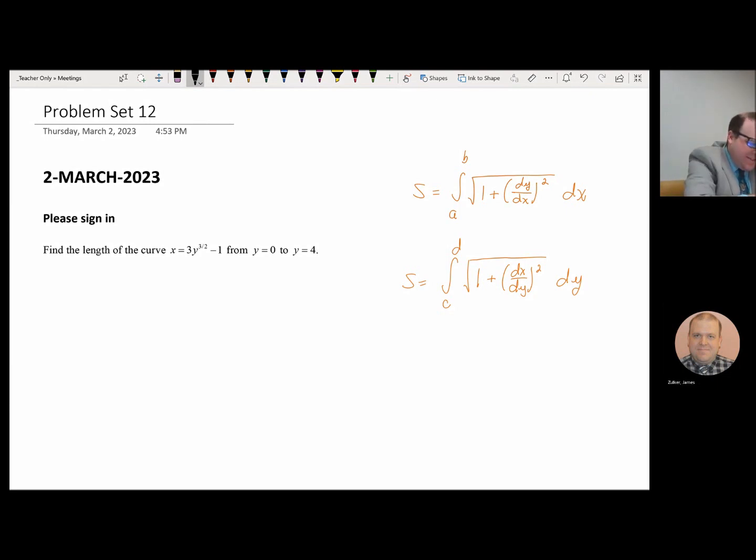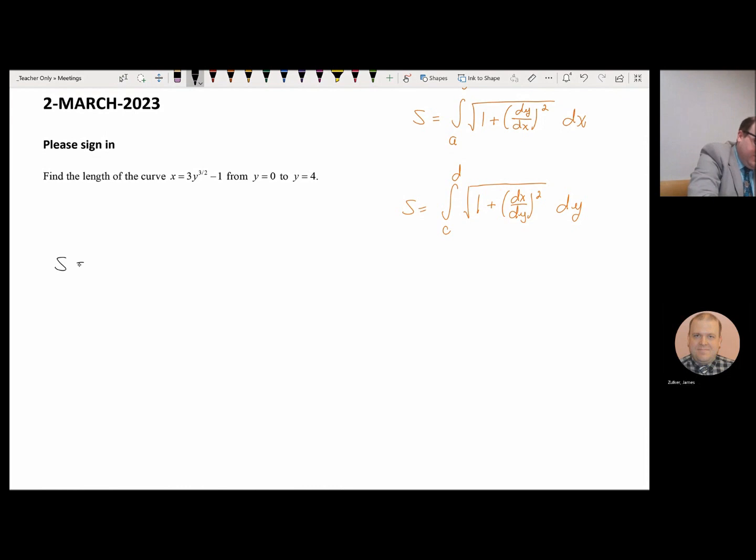All right, so we'll take a look at this curve here, x equals y to the 3 halves minus 1. We want the length of that curve over the interval 0 to 4. So arc length.